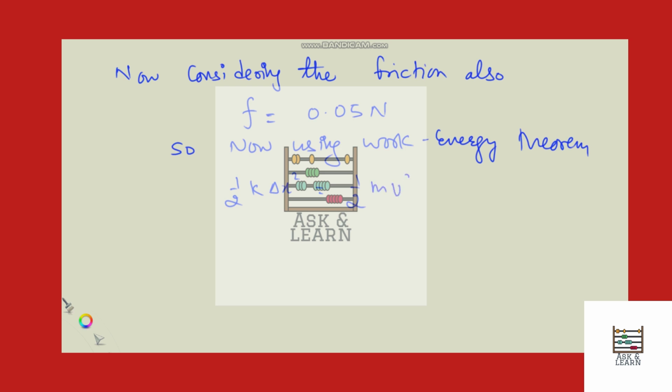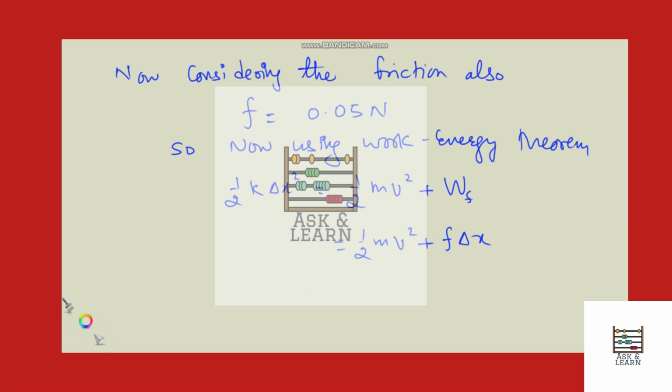The first part will be converted into kinetic energy gained by the ball, and another part will be converted into work done against the force of friction. So we can say this is half mv square plus the work done by the force of friction, which is the product of the force of friction and the displacement, equal to the compression in the spring.